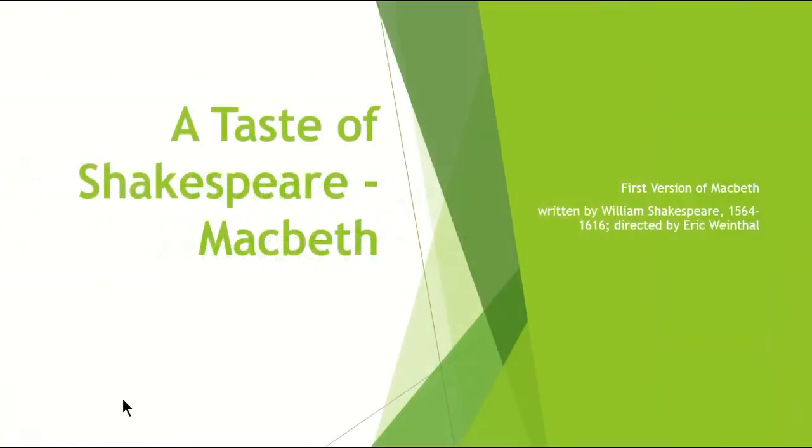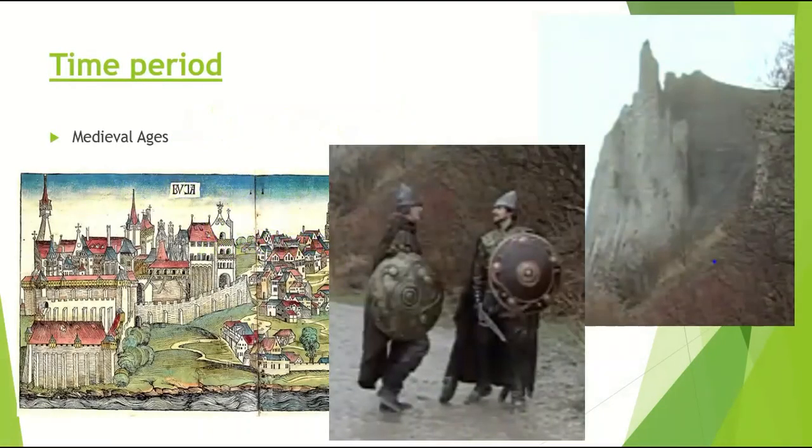Alrighty, so the first version of Macbeth I watched was by Tale of Shakespeare Macbeth. The time period of this performance was the medieval ages, and why I know that is because, as you can see in this picture, we have a castle.